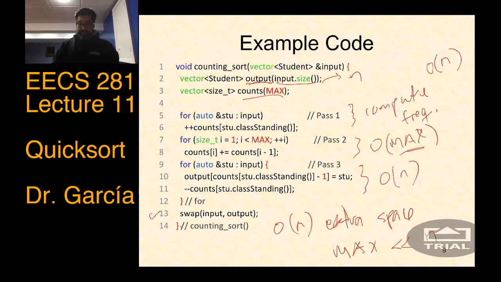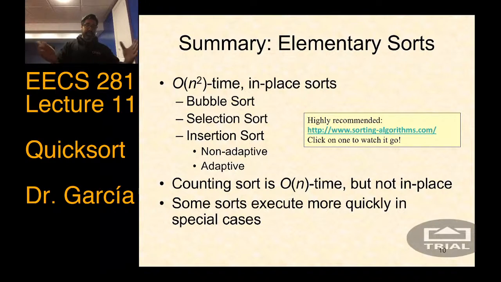All right, so that is counting sort, and following that, this is a summary of elementary sorts. Basically, all of the first ones that we discussed last time are O of n squared. So that's bubble sort, selection sort, and insertion sort. They are in place.